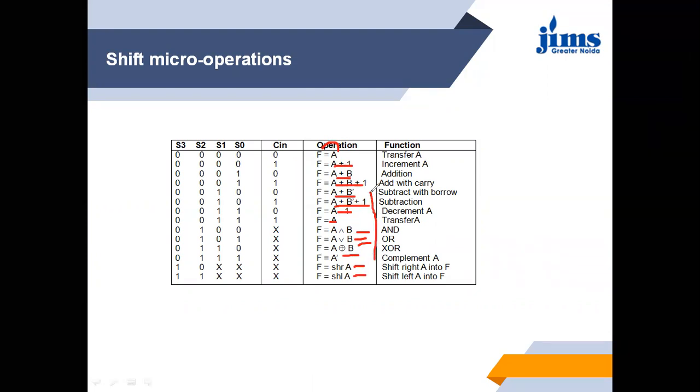These all operations we discussed in shift operations.